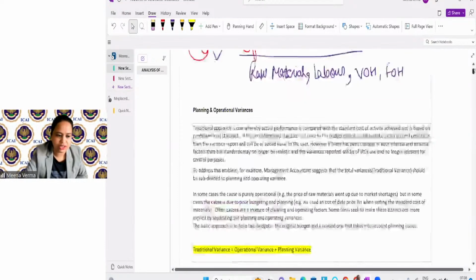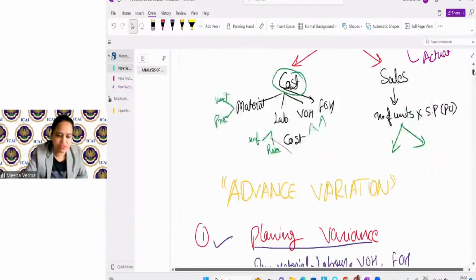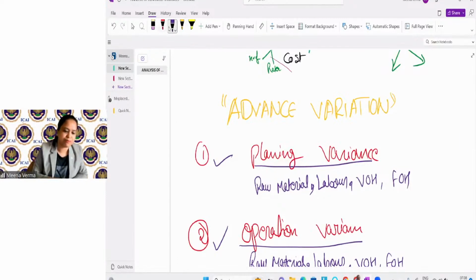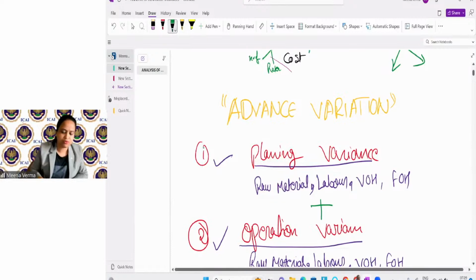See, the point is that this planning and operational variation will give you traditional variations. When we study these planning and operational variations, if we combine them, it will be the traditional variations.